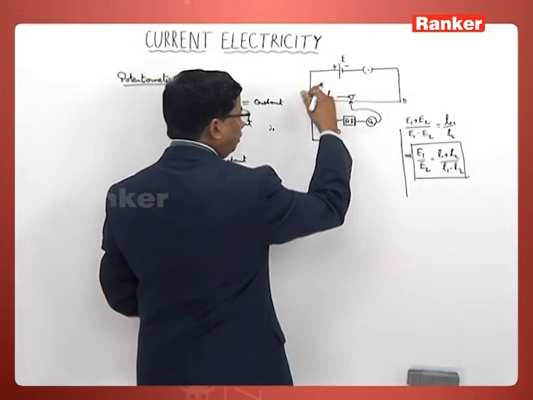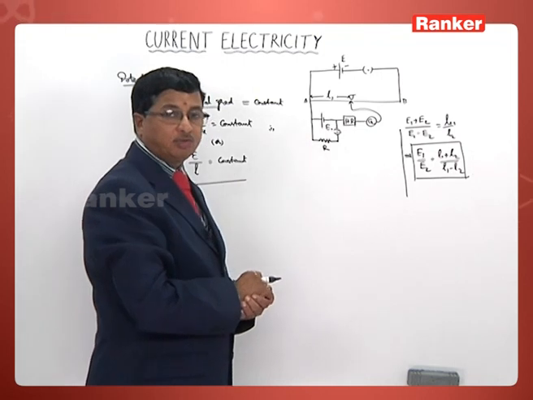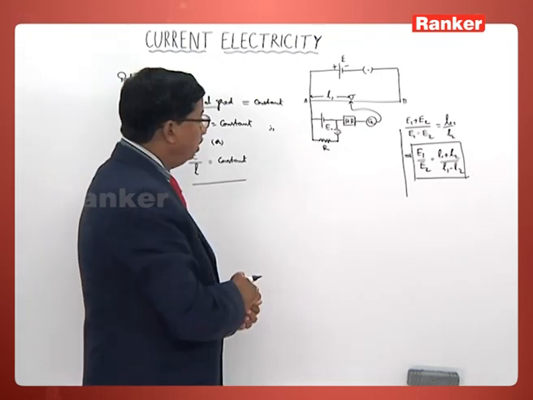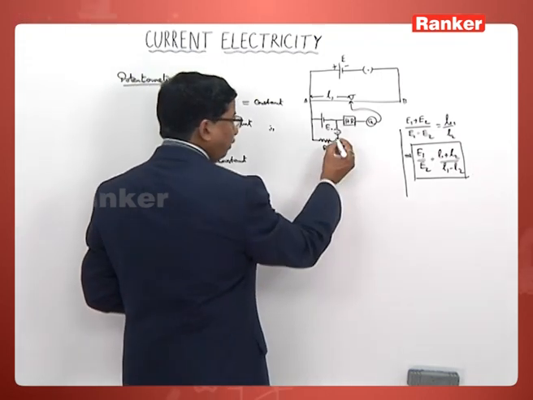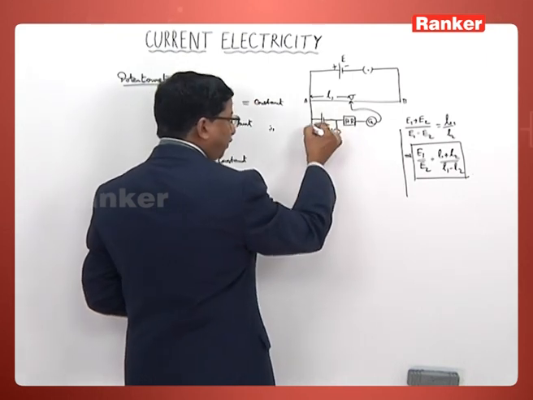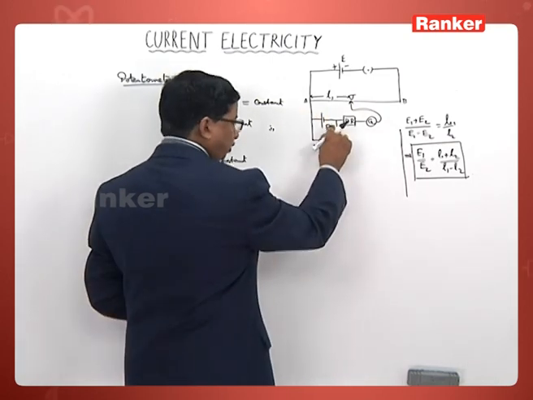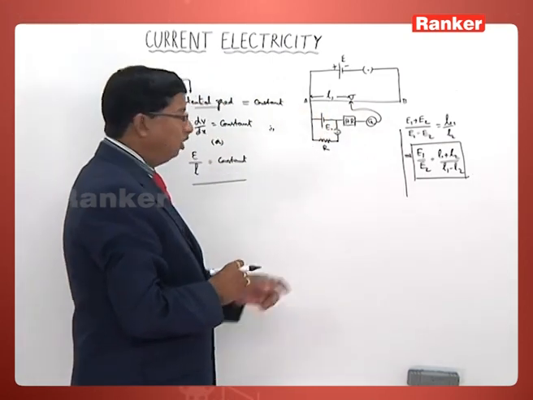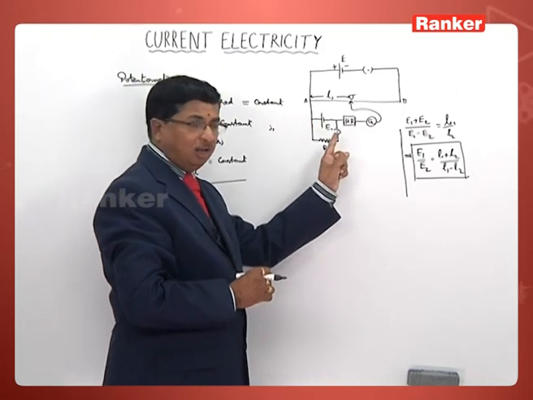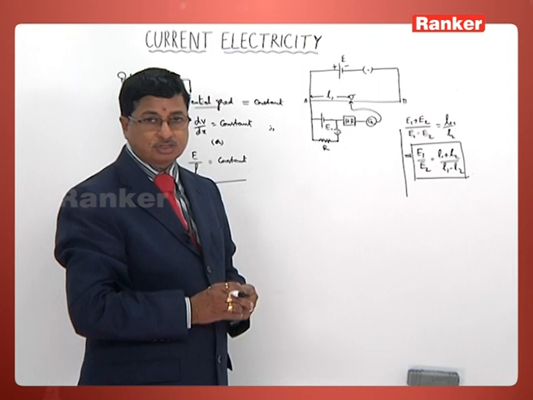The remaining system will be as it is. You will not find any variation as far as the circuit is concerned. But what we have to understand here is, when you put the key in, then the resistance also takes part in the circuit. When the key is plucked out, then only this cell takes part in the secondary circuit as such.